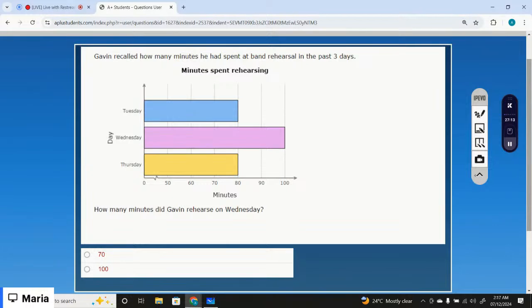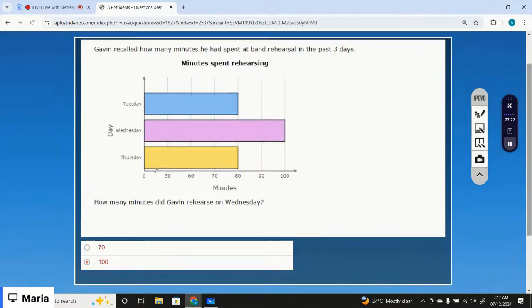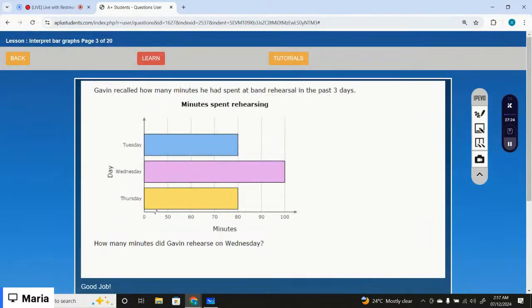On Wednesday, he rehearsed 100 minutes. The correct option is 100. Just match this with the minutes. So that is 100 minutes. On Wednesday, Kevin rehearsed 100 minutes.